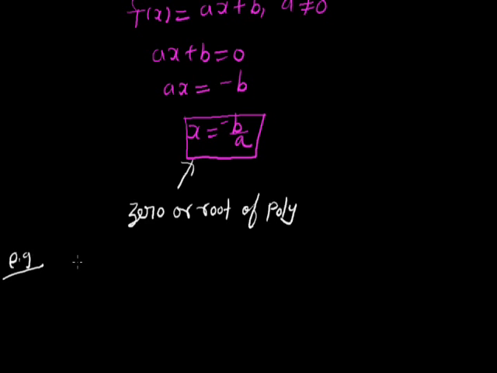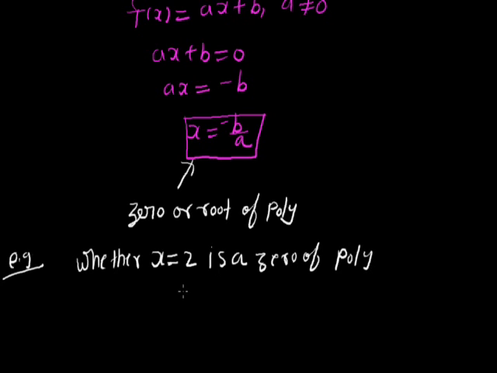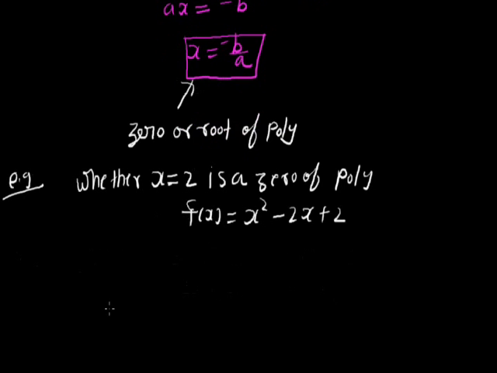We have to check whether x is equal to 2 is a zero of the polynomial f of x is equal to x square minus 2x plus 2. So what is our question? We have to check whether x is equal to 2 is a zero of the polynomial or not. How can we do this?